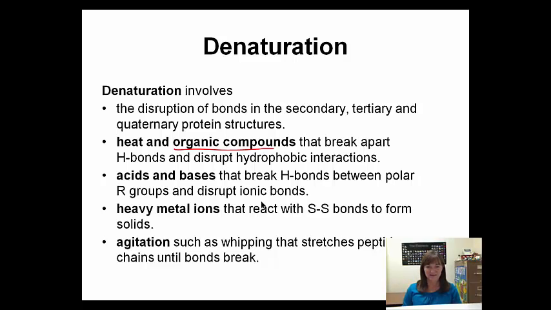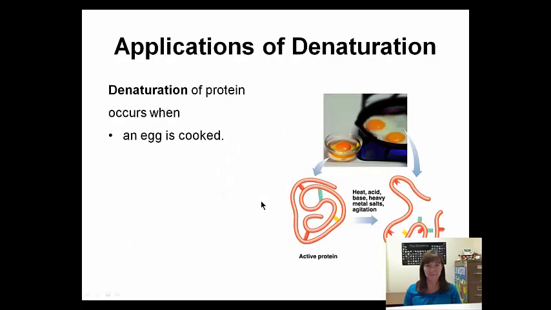What else? Here's a picture, an application of denaturing a protein. We see that when we cook an egg. So you have your egg and then you heat it up, and the heat is going to cause all those secondary, tertiary, and quaternary interactions to break. So notice that the primary structure does not break.